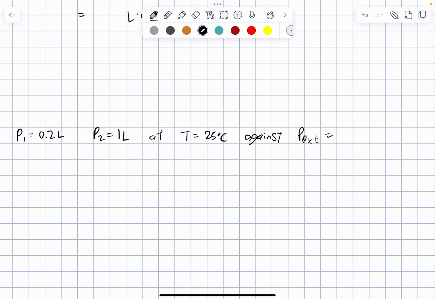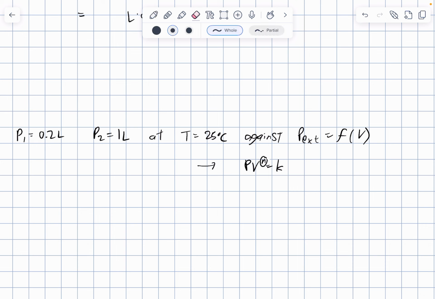So P external is a function of, in this case, V, volume. Varies according to volume given by expression PV raised to n equals K. So this is a polytropic process because this is a polytropic index. P external in this case is equal to KV raised to negative n. That's the template, no, in a way.